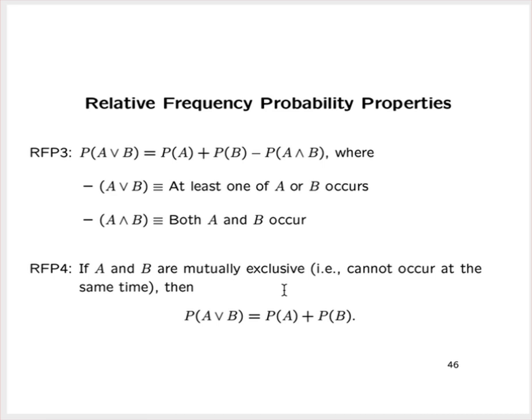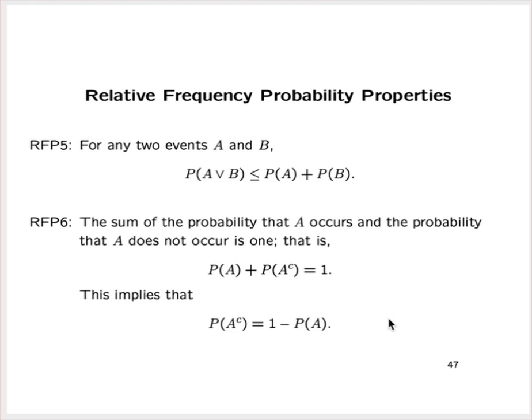They cannot occur together. This is actually a special case of RFP3, where because A and B are mutually exclusive, the probability that they both occur would be 0, and so that's why that term drops out.